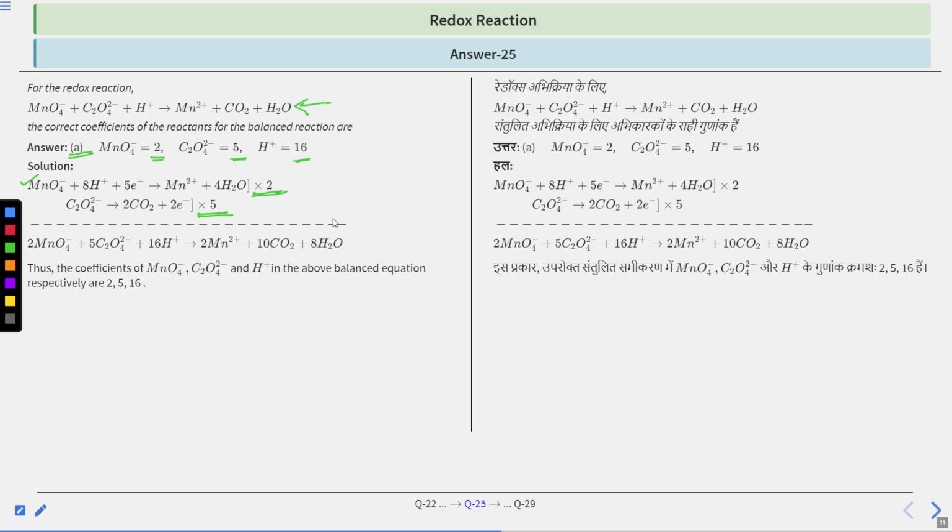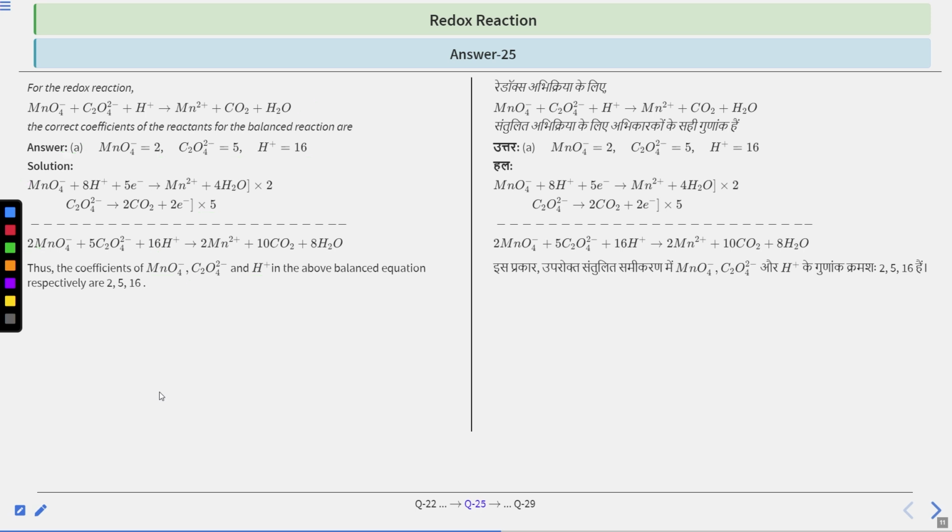So the final reaction which is coming out is this, that is 2MnO4 negative plus 5C2O4 2 negative plus 16H positive, giving us 2Mn2 positive plus 10CO2 plus 8H2O. And thus the coefficient of MnO4 negative, C2O4 2 negative, and H positive in the above balanced reaction, as you can see respectively, are 2, 5, and 16, right? And thus our option A is the correct answer.